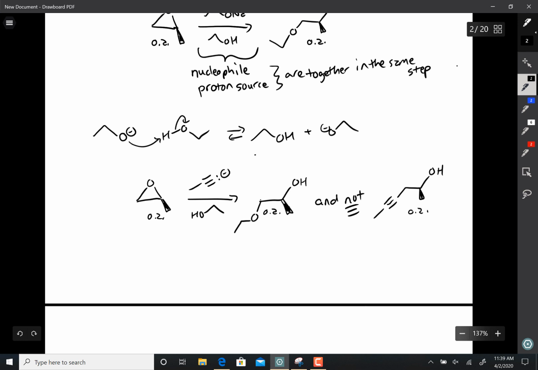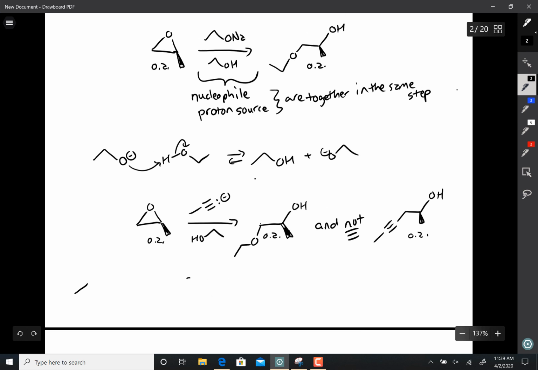Because acid-base chemistry is very fast, and the moment you put this in the protic solvent, you have that acid-base reaction. This has a pKa of 15. This has a pKa of 25.